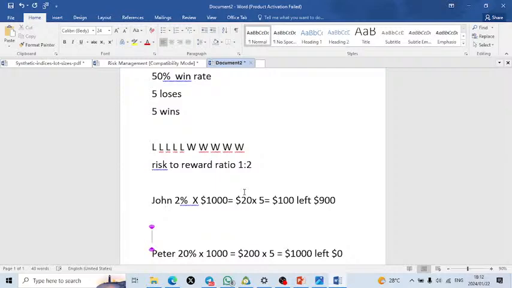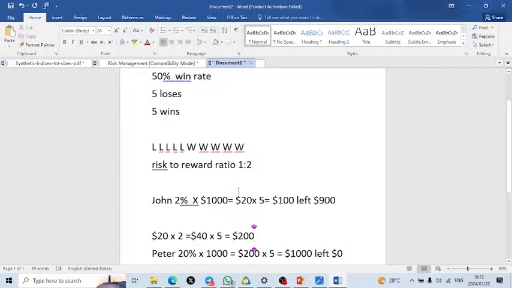So it's 20 times 2, which will get us 40. So on each winning trade he's going to get $40, times 5. So out of the 10 trades, this guy will end up having what? 40 times 5. His account will be up by 200 US dollars.